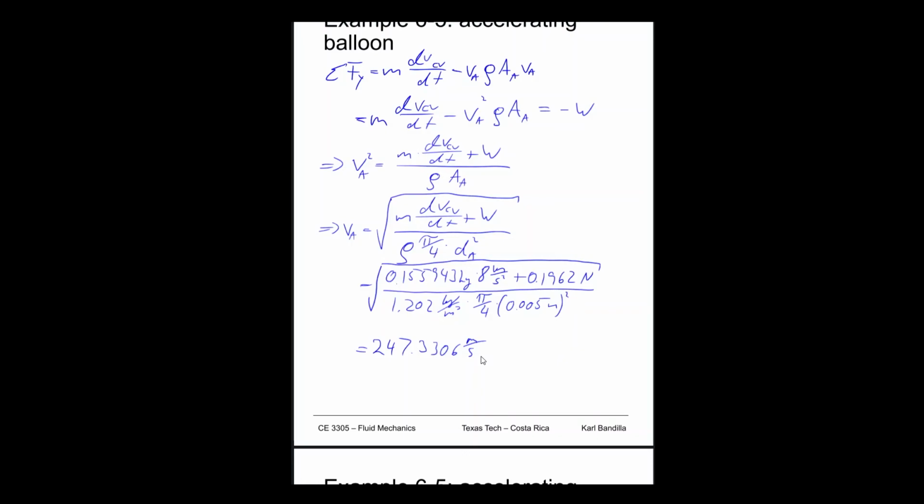All right, we're not asked for the velocity, we're asking for the mass flow. So we just have to multiply that by the area and by the density. So we can say the mass flow is equal to rho times VA times AA.